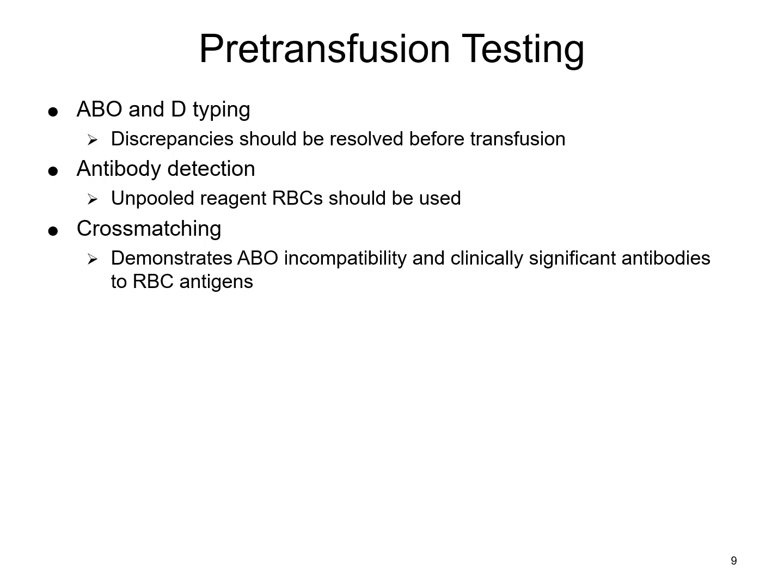And of course doing that cross match, whether it's computer, immediate spin, full cross match, whatever it is, based off of your results. So this is what's all going to be included in that pre-transfusion testing, as well as looking at that history to make sure everything matches up and there's no issues.